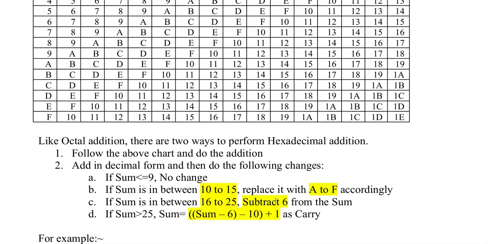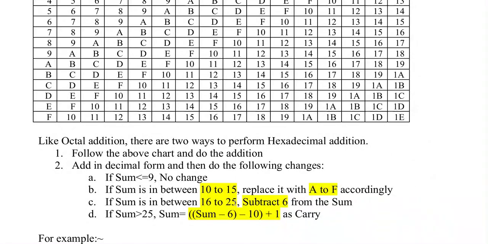So suppose 16 is my sum. I subtract 6, the result is 10. This 10 will not be converted to A. This 10 means 0 comes to sum, 1 goes to carry. Suppose the number is 20. So 20 minus 6 becomes 14. 14 is not E. This 14 means 4 comes as sum, 1 goes to carry.